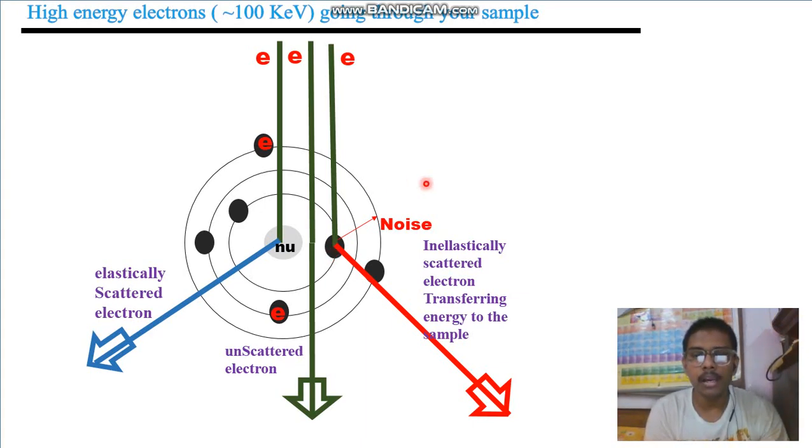This is called an inelastically scattered electron, which transfers some energy to your sample. This causes serious damage to your sample, and that's a real drawback of transmission electron microscopy. Again, remember that the unscattered and elastically scattered electrons contribute to image formation, but the noise is formed by the inelastically scattered electrons. This is the bad scattering, which contributes to the noise in the image.